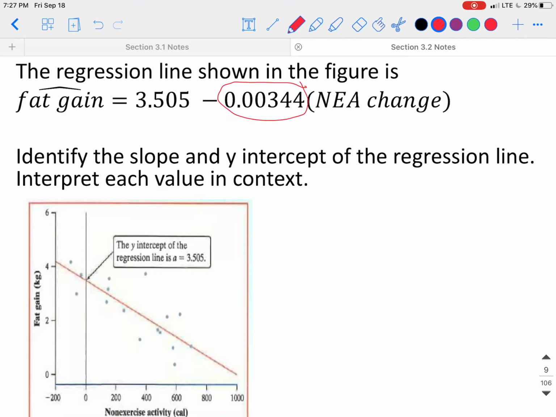So we predict that the fat gain will go down by 0.00344 kilograms for each 1 calorie burned more in the NEA change. The y-intercept is the one that is by itself. So our y-intercept, or a value in this case, will be 3.505 kilograms. And this is what our estimate of fat gain would be if there is no change in the NEA.